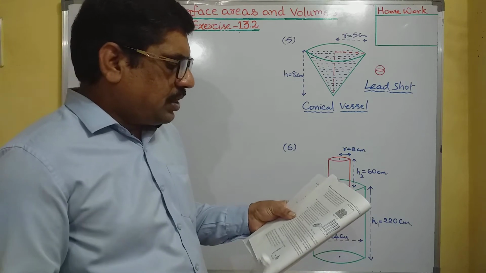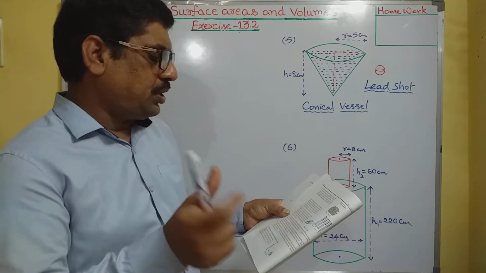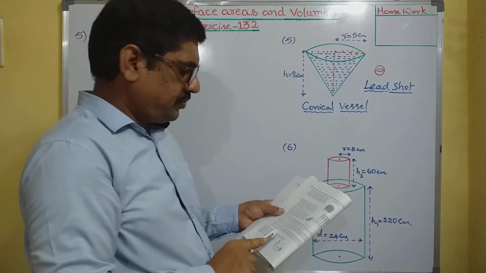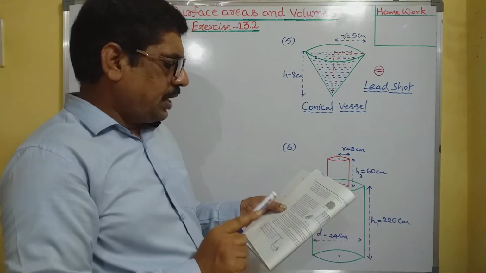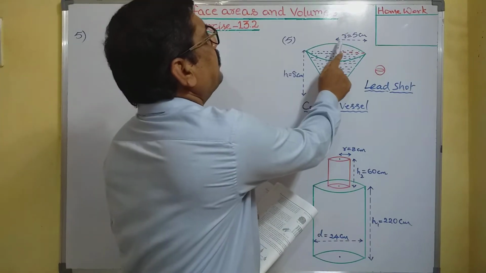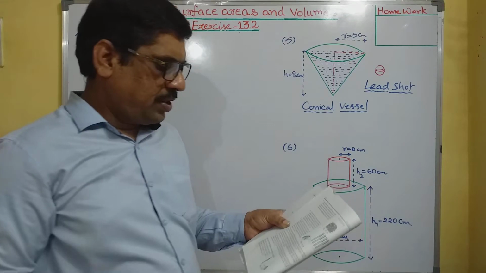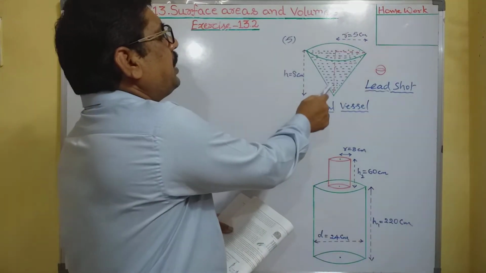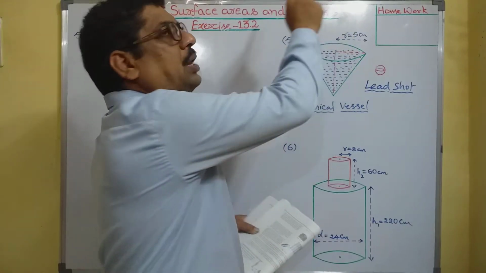A vessel is in the form of an inverted cone. Its height is 8 centimeters and the radius of the top, which is open, is 5 centimeters. It is filled with water up to the brim, that means till the top.